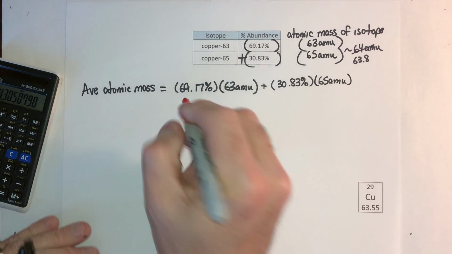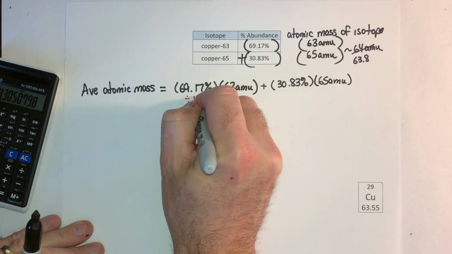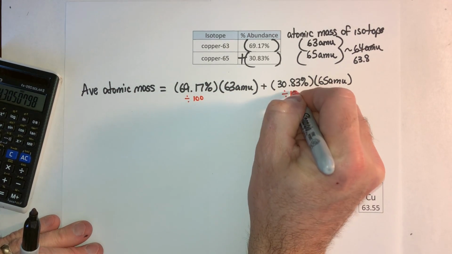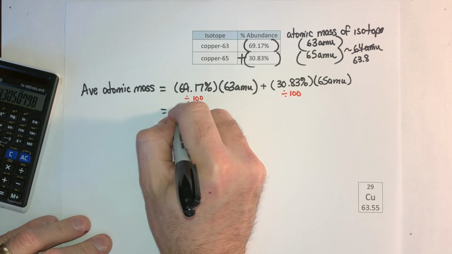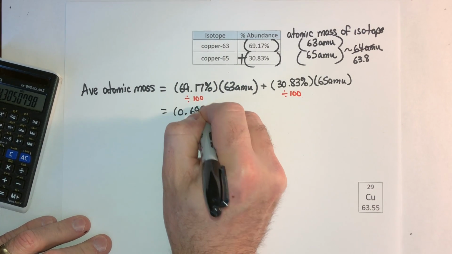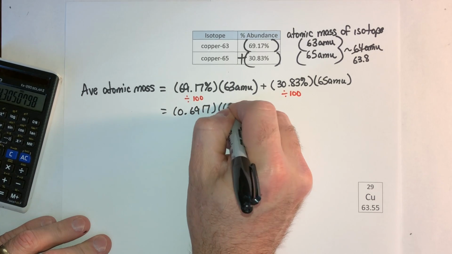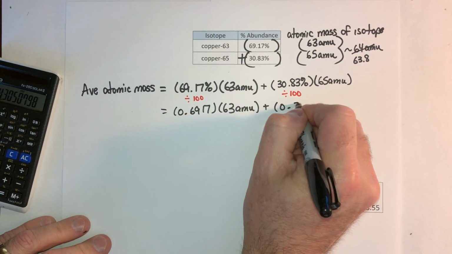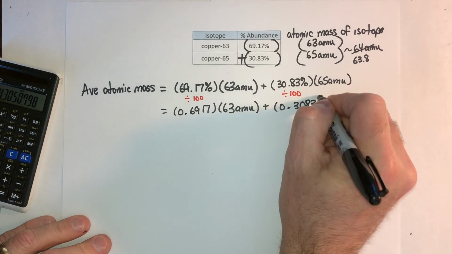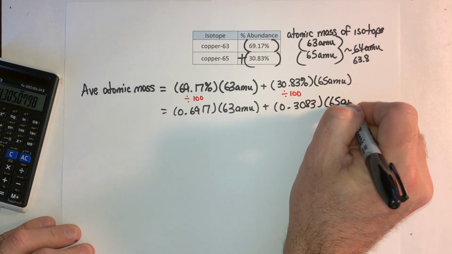So for a third time, let's turn those percents into decimals by dividing by 100. So that would give me 0.6917 times 63 atomic mass units, 0.3083 times 65 atomic mass units.